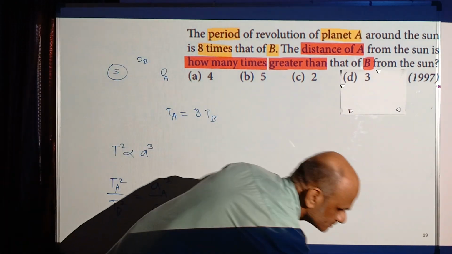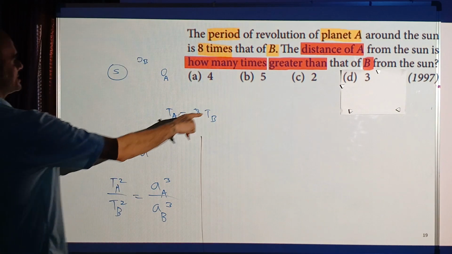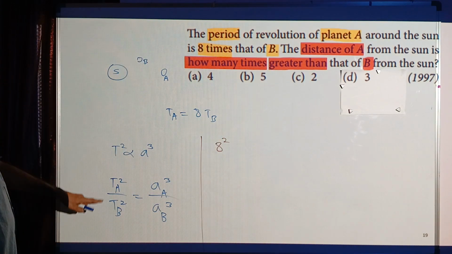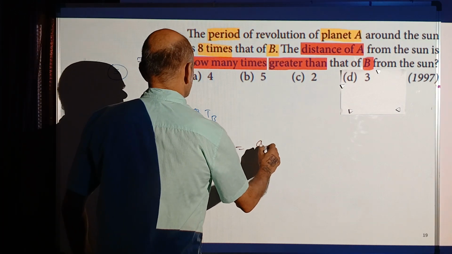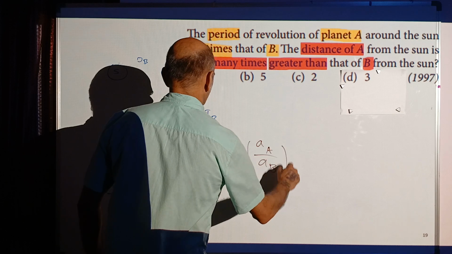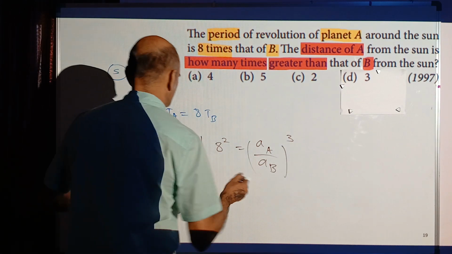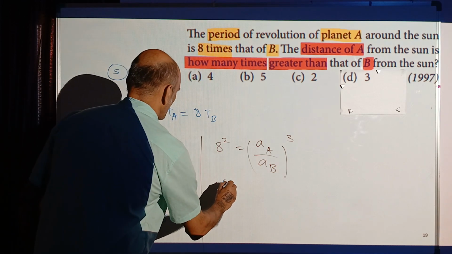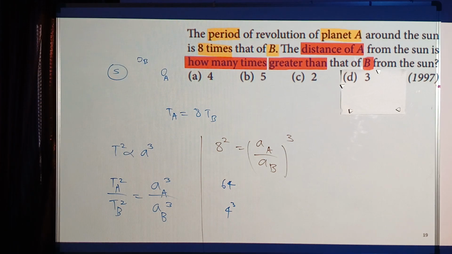And TA by TB is 8, so squared, 8 square, equals the size of the ellipse of planet A cubed over that of B cubed. 8 square is 64. 64 can also be written as 4 cube. 4 into 4 is 16, 16 into 4 is 64.